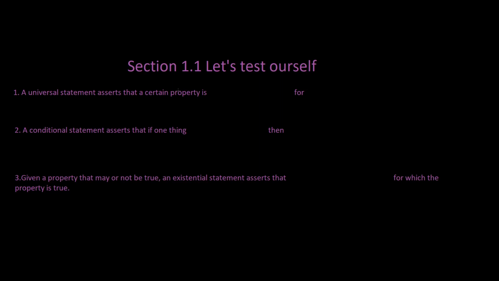So we say a universal statement asserts that a certain property is true. Right? Most all these statements say that something is true for something. And so it's true for all elements.